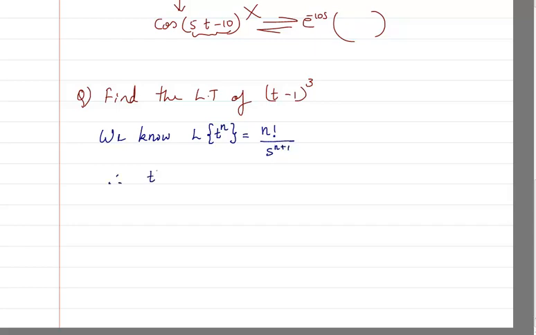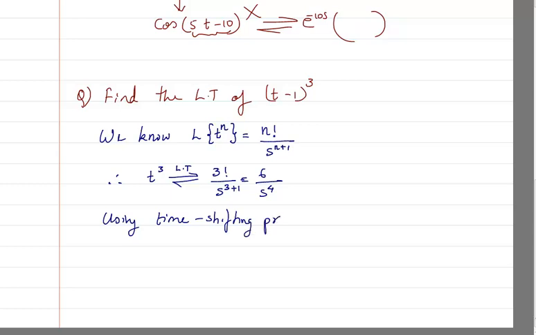Therefore, t cube will have a Laplace transform of 3 factorial divided by s raised to power 3 plus 1, which is equal to 6 divided by s raised to power 4. Using time shifting property.